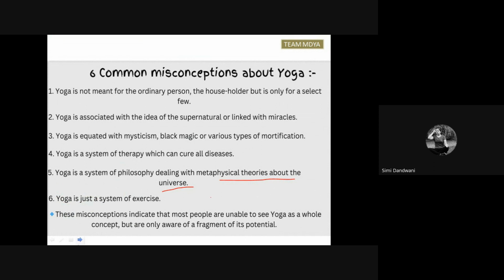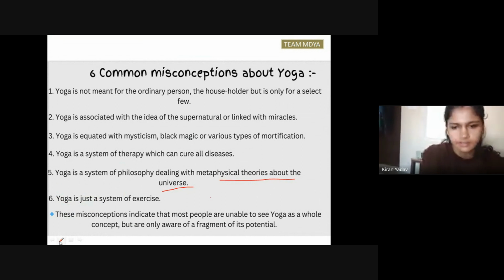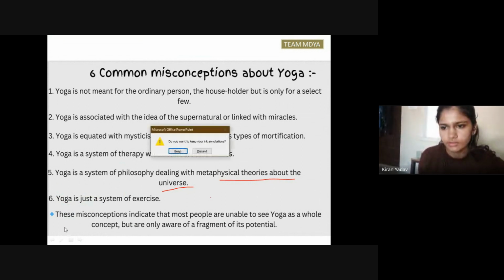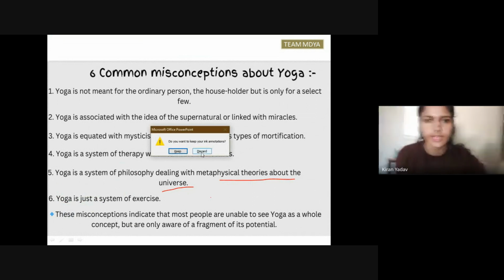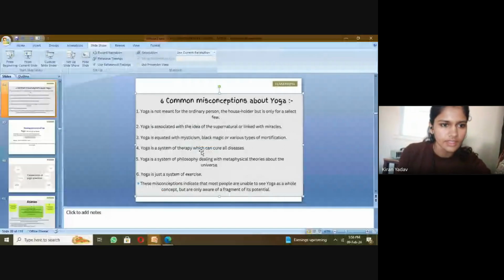So let's do our prayer, and anybody who wants to do that prayer. Yes, who has raised the hand? Yes. Shakshi Pandey ji and Deepam ji.